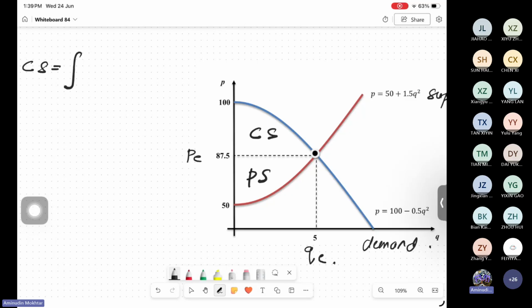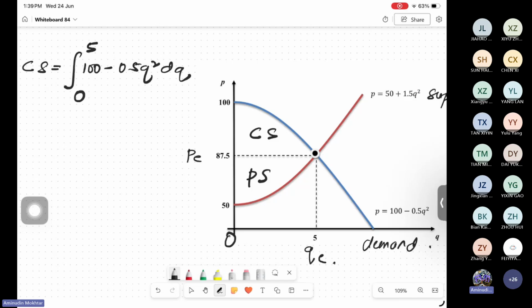It is the definite integral of the demand, 100 minus 0.5 q squared, dq, from q0 until QE. That's the formula for the consumer surplus. Okay, you can refer to page 20. The full answer is on page 20.